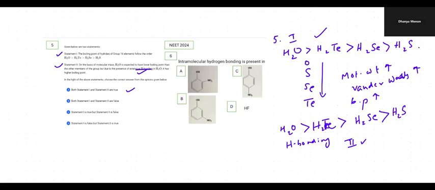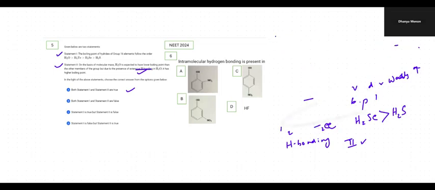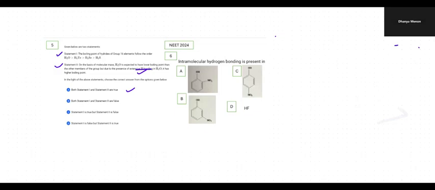Okay. So moving on further, coming to the sixth one. Sixth one is about where intramolecular hydrogen bonding is present. So we discussed this also.